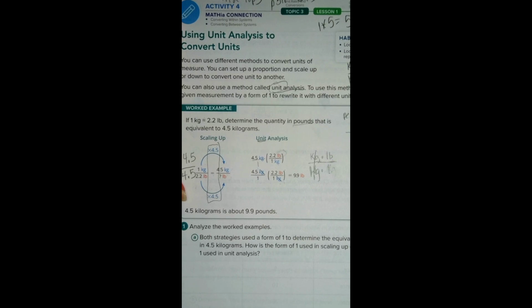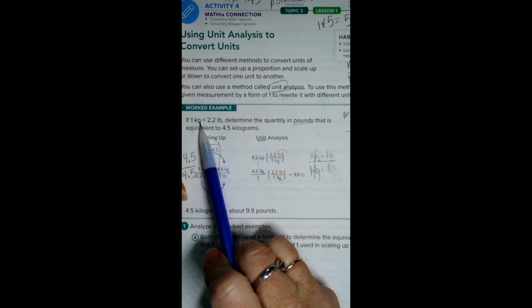And we talked about in class, we're going from kilograms to pounds. So a kilogram is bigger than a pound.